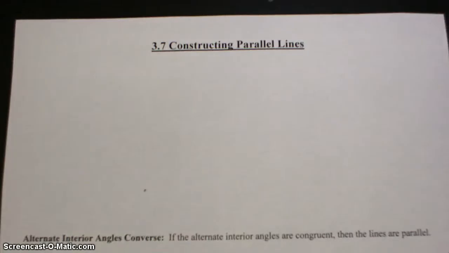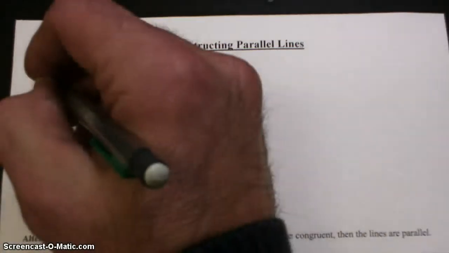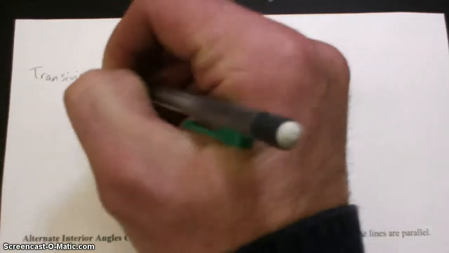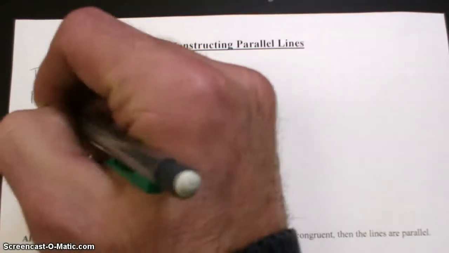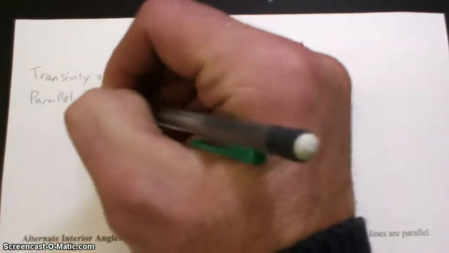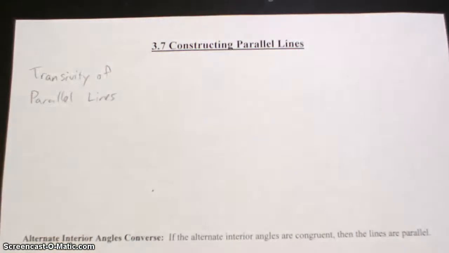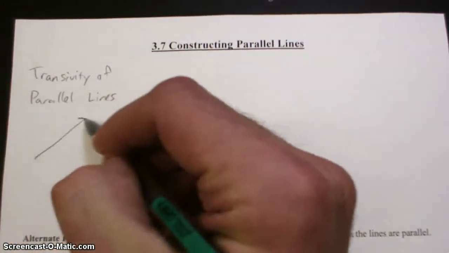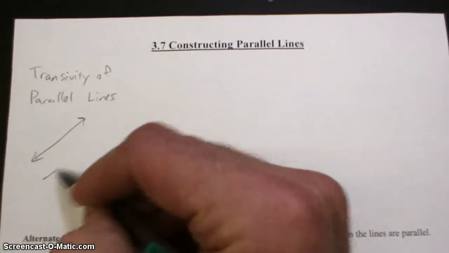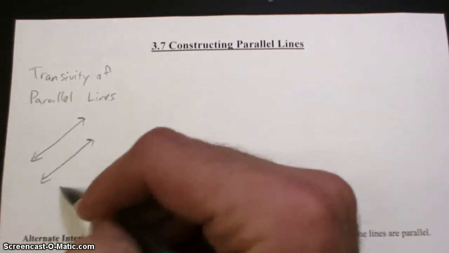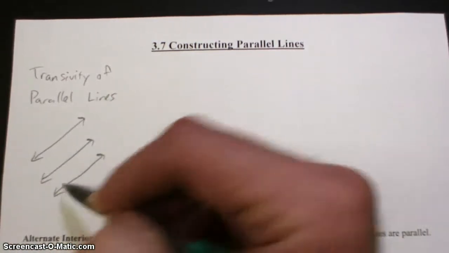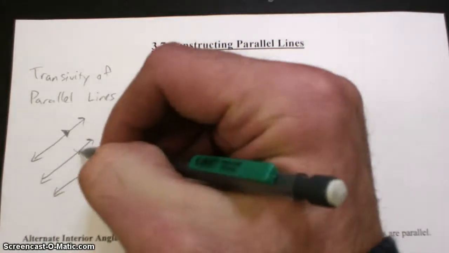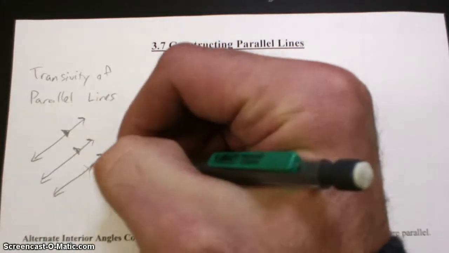One of the ways to show that we have parallel lines is by using the transitivity of parallel lines. The transitivity of parallel lines says this: if two lines are parallel to the same line, then those two original lines will be parallel.